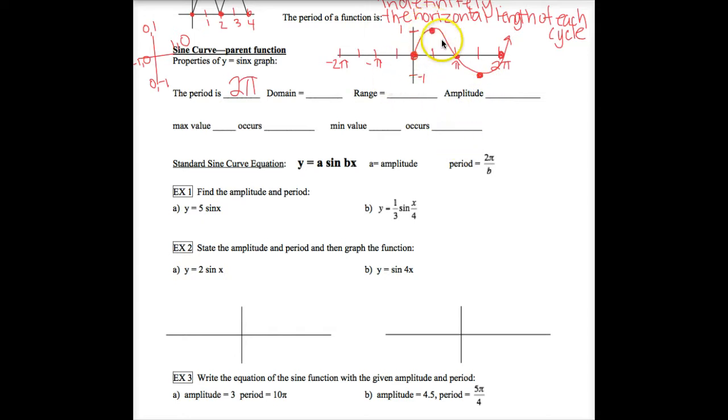Now, do not try to say that just this hill is a period. It is not, because a period is the horizontal length of a full cycle, and a sine cycle goes up, then down, and then back to starting point and goes over. So this, from 0 to 2 pi, is a full cycle.